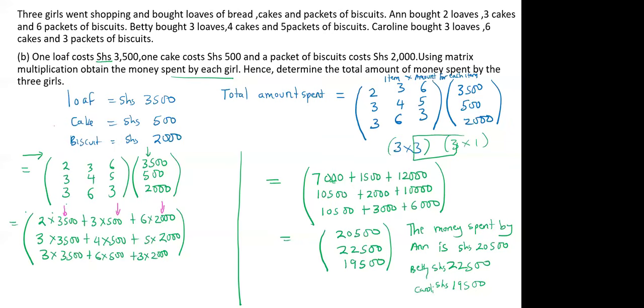Now, after concluding, I'm going to go on to the hence part, because there was a full stop. Then I told you that hence determine the total amount of money spent by the 3 girls. So I say total amount of money spent by the 3 girls. If I'm getting the total, I'm going to add.